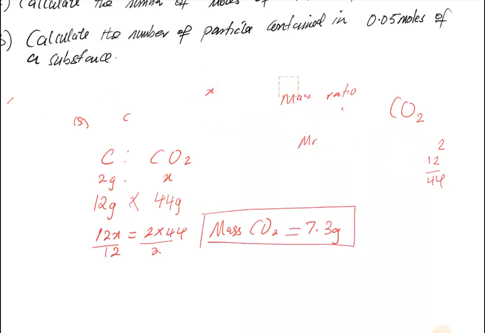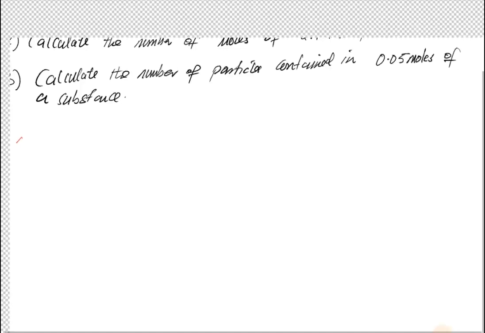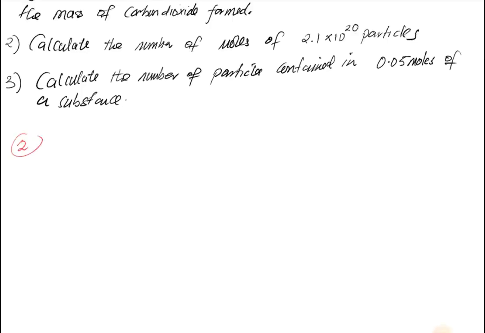Having solved question 1, let's go to question 2. Question 2 says calculate the number of moles of those particles, and we are going to use Avogadro's law, which helps us find the number of moles in a certain number of particles when you relate them together.